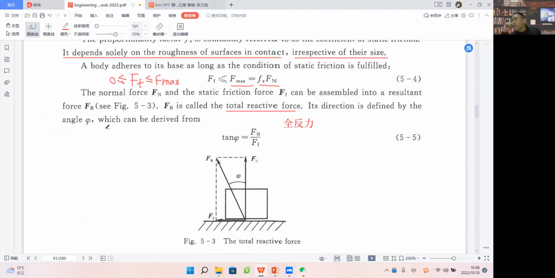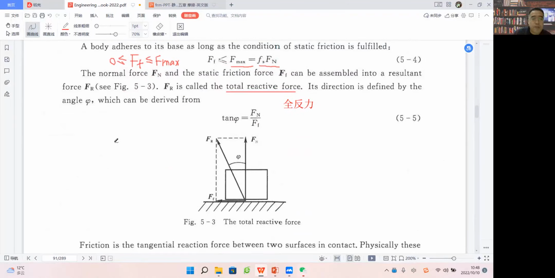So we also have to talk about another important thing maybe you guys should know. The normal force Fn, right? Actually, it is a kind of reaction, right? Because this fixed ground supports this box, maybe, right?